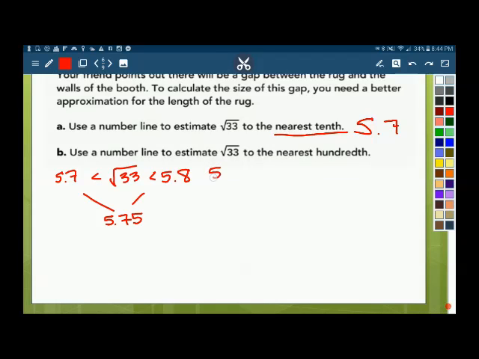So I need to do the long multiplication like we did on the first example to see what 5.75 squared is. Okay, so I'm just going to do the long multiplication real quick here. Don't forget to drop those zeros.